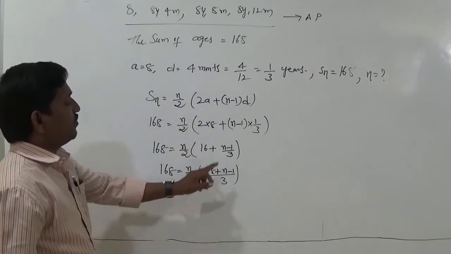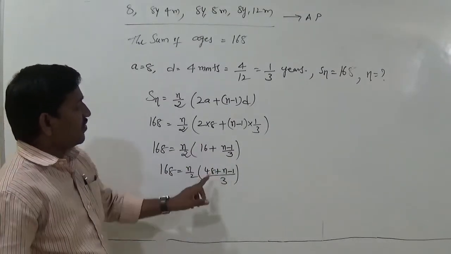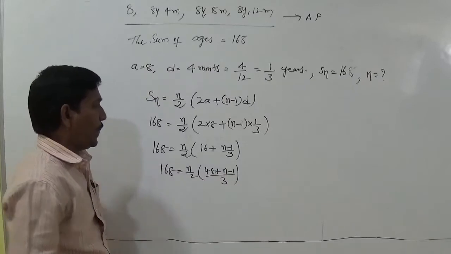So calculate the LCM here. 3 is the LCM for the simplification. 16 3s are 48 plus n minus 1.